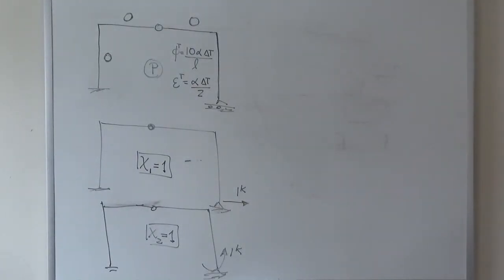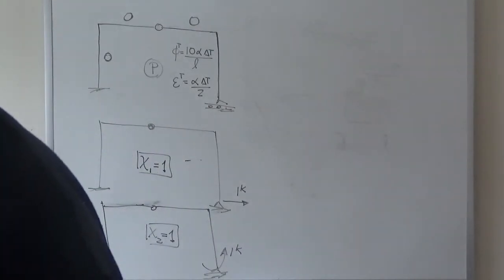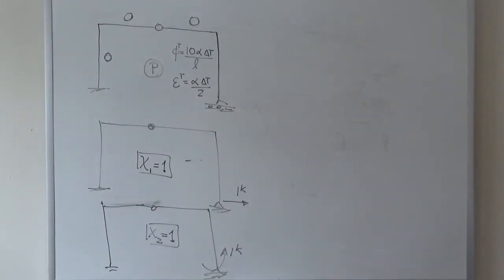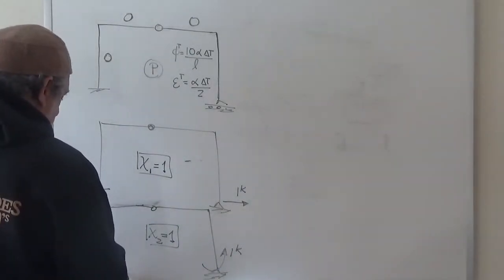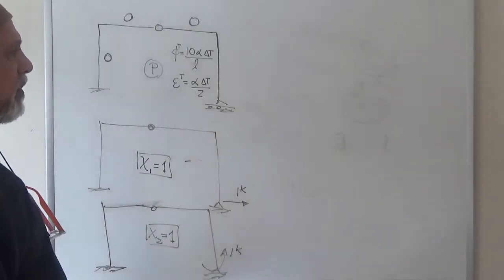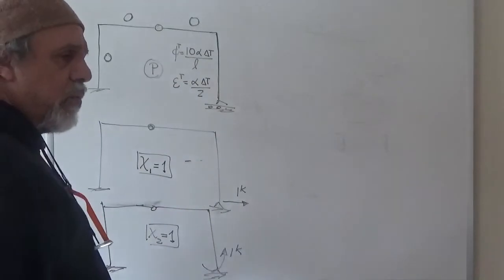Now, because there's going to be quite a few computations, as I said, they're all simple, but there's quite a few of them, in order to minimize the possibility of making an error, we will not eliminate the possibility, that's impossible, but we may reduce the possibility of making an error in signs. So it might be a good idea. As long as we are consistent, we can do whatever we want.